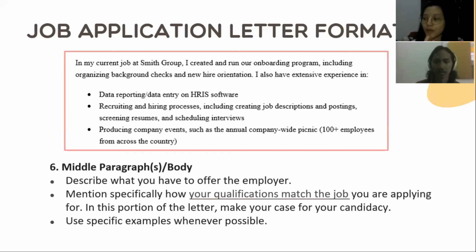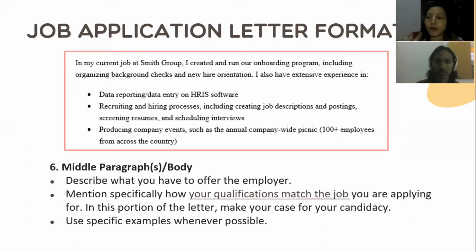For example, you can operate Microsoft Word, you can operate Photoshop. Now, those are hard skills. But for interpersonal skills, this relates more to your personality, how you deal with people. For example, you are a diligent person. You learn things quickly. You're able to work in teams.